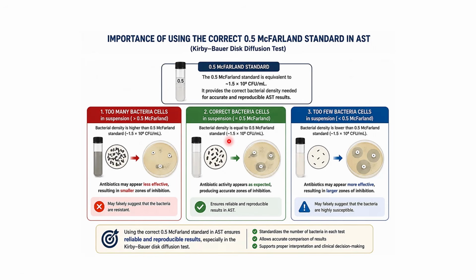So the second scenario, which involves adjusting the turbidity of the bacterial suspension to that of the 0.5 McFarland standard, is the way of standardizing our bacterial suspension before performing our antibiotic susceptibility testing in the Kirby-Bauer disc diffusion test. What it means is that the bacterial density or concentration in this suspension is the same as that of the 0.5 McFarland standard.